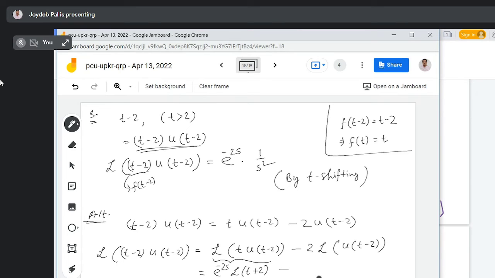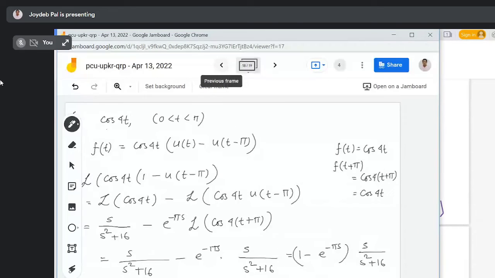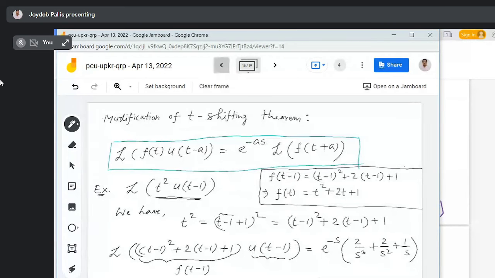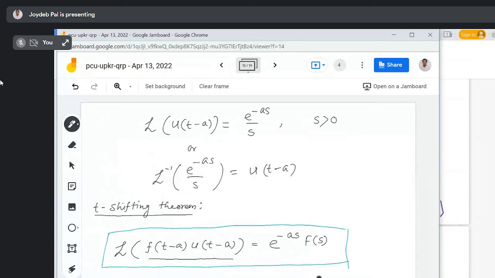And that is the formula for the Laplace transform of the Heaviside function. The Laplace transform of u(t minus a) is e to the power minus as by s, right? At the very beginning of this chapter I told you the Laplace transform of u(t minus a) is e to the power minus as by s.